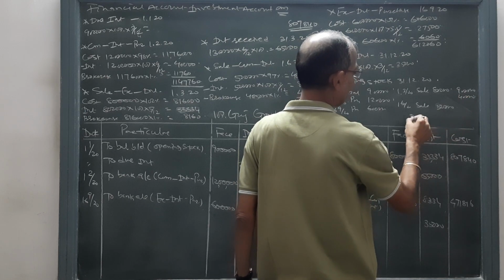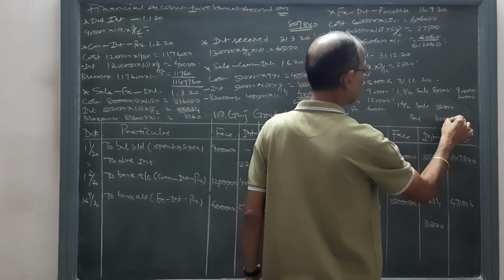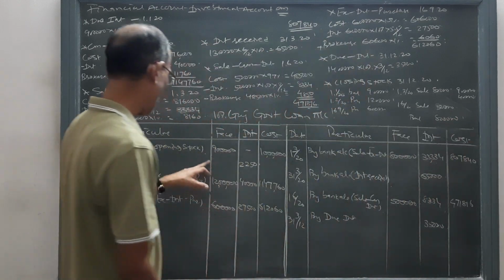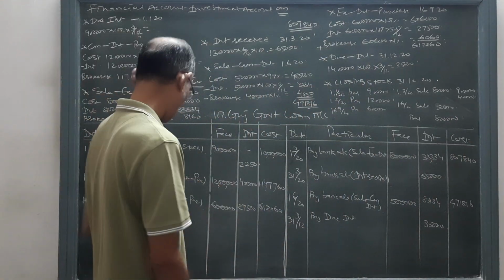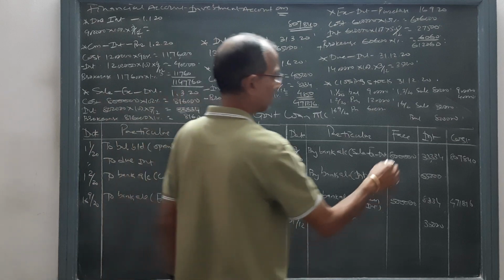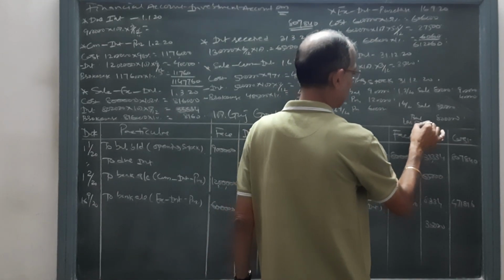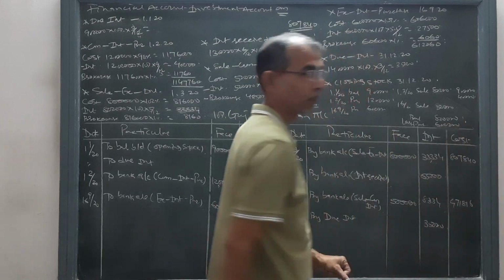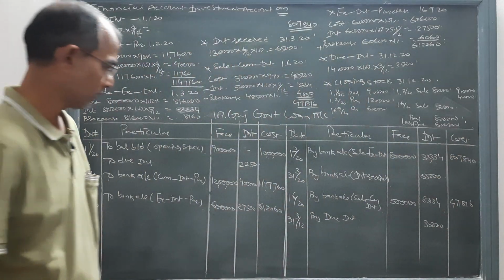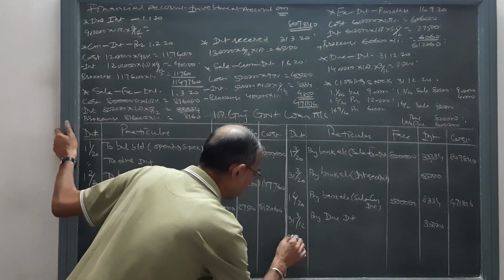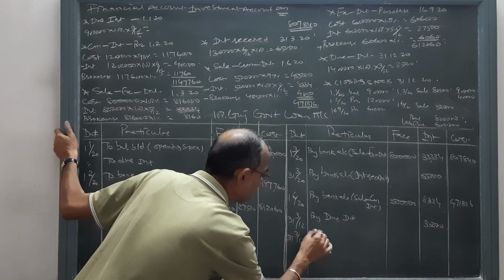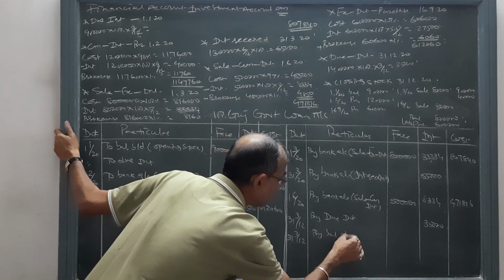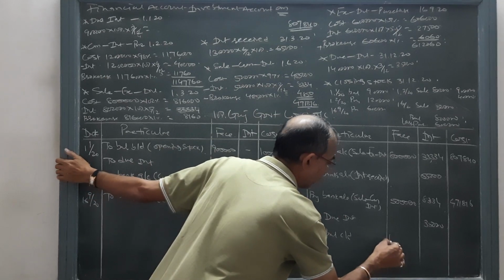So the balance will remain 8 lakh of the security of 9 lakh and the last purchase of 6 lakh. On 31st March the balance is 14 lakh.